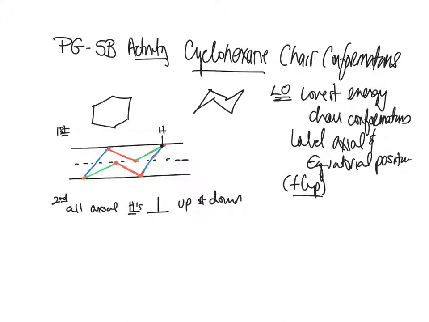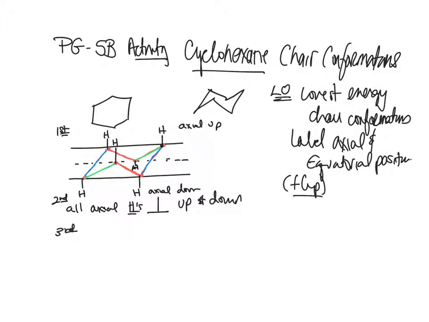That's up because that point goes up. So that's going to be axial up. And then the next one points down. This is going to be axial down. This is axial up, axial down, axial up, axial down. So they're alternating up and down.